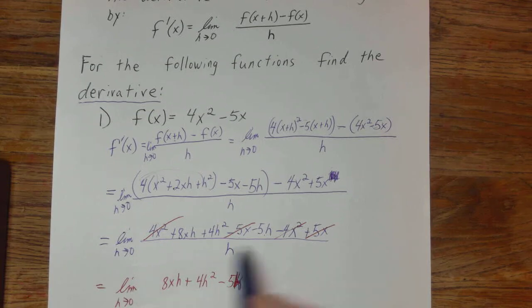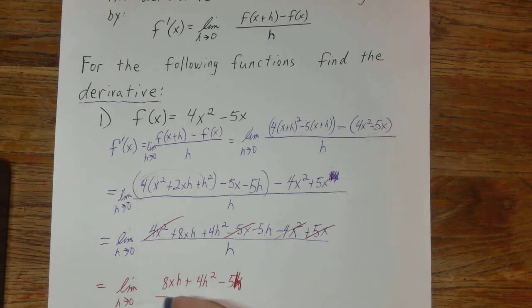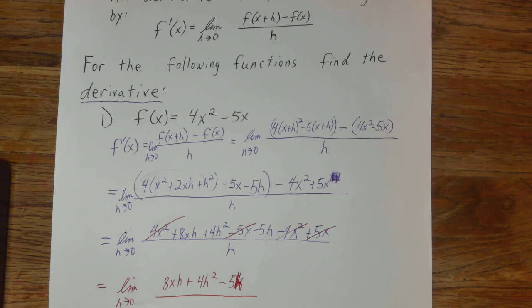That looks like about it to me. Over h. Okay, I'm still going to keep the limit until I get this factored out. They each have an h. So let's put that out here and go 8x plus 4h minus 5 over h. And then cancel out those h's.